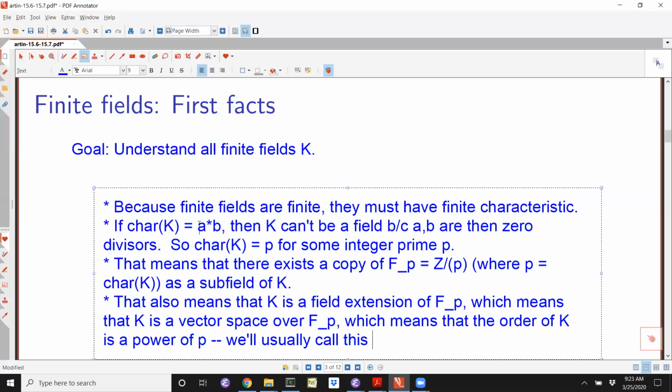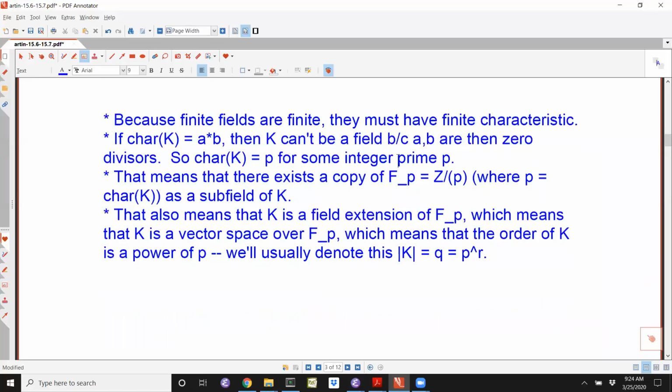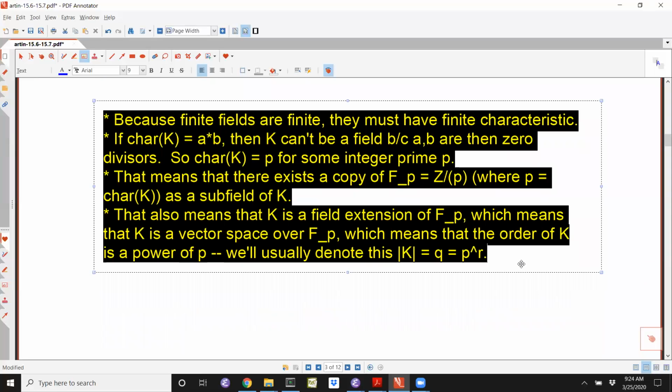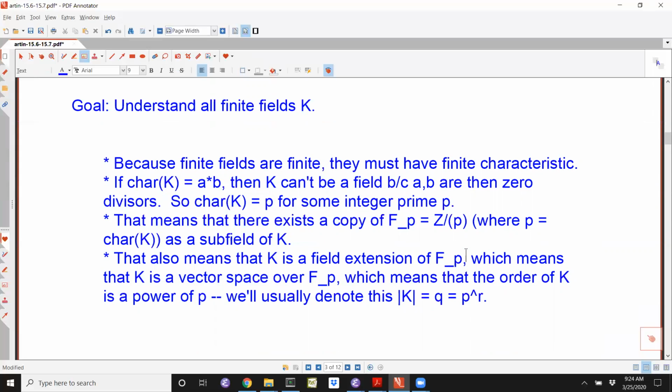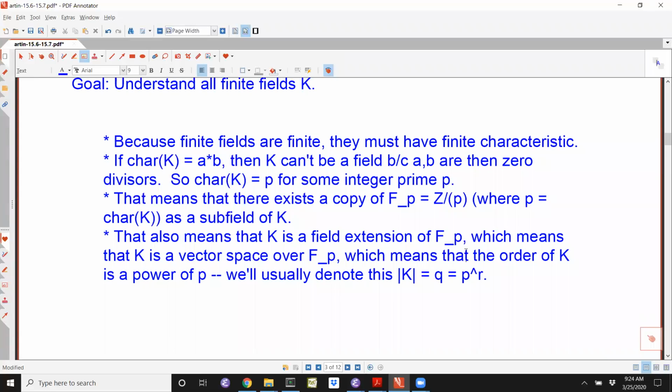We'll usually denote the order of K as Q, which is going to be P to the R. We talk about those numbers K, Q, P, and P to the R so often that it's helpful to have that standard notation. And I think that's all.